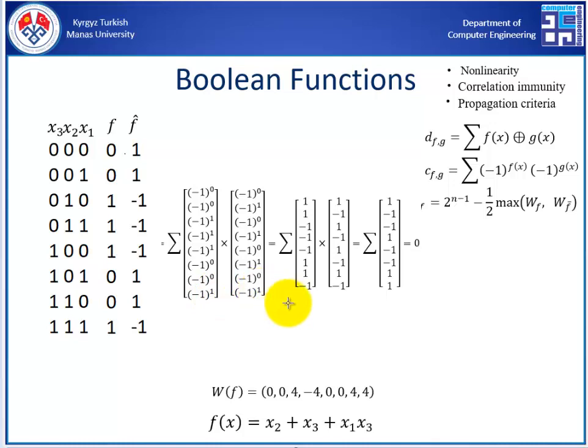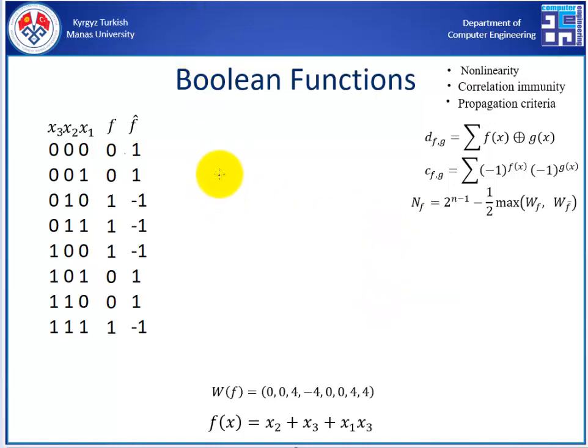If the correlation between two vectors is equal to 0, then the bitwise XOR of the elements will result in a balanced vector. Therefore, we can write down the function f, which is 0, 0, 1, 1, 1, 0, 0, 1, and x2, which is 0, 0, 1, 1, 0, 0, 1, 1.